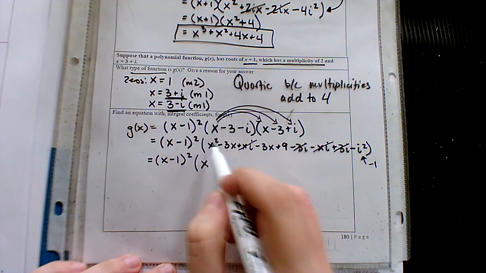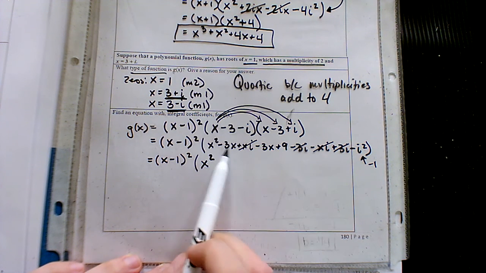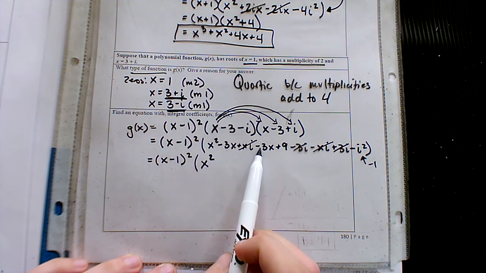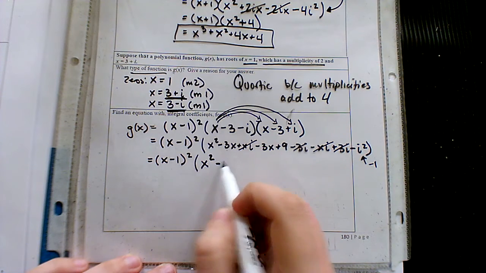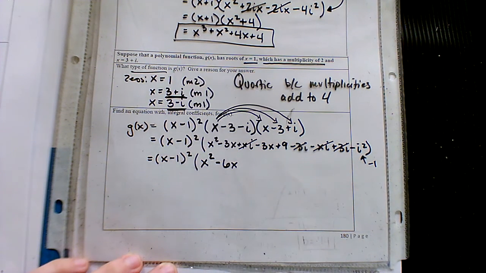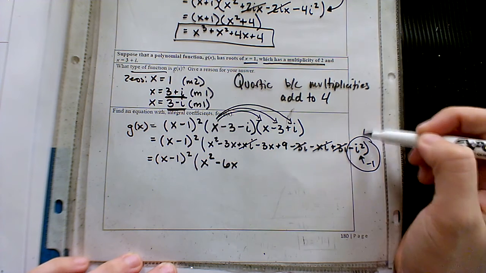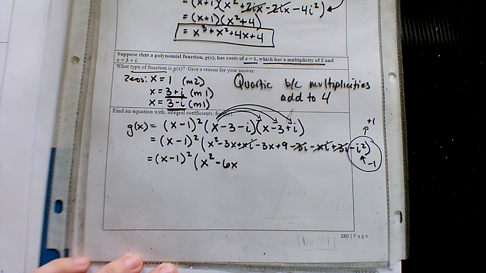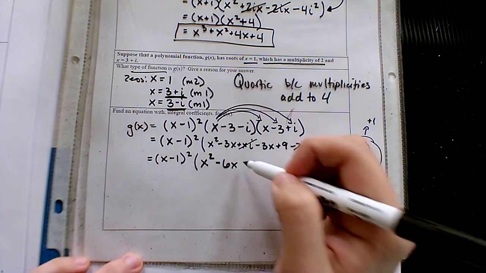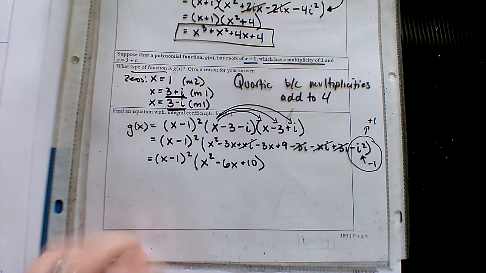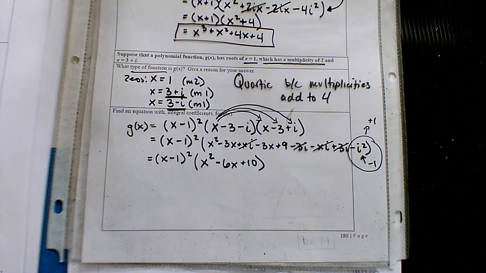So we're left with x squared, and then minus 3x minus another 3x would be negative 6x. And then we'll be left with plus 9, and all of this became a plus 1. So in the end, we'll get plus 10. All the i's went away.